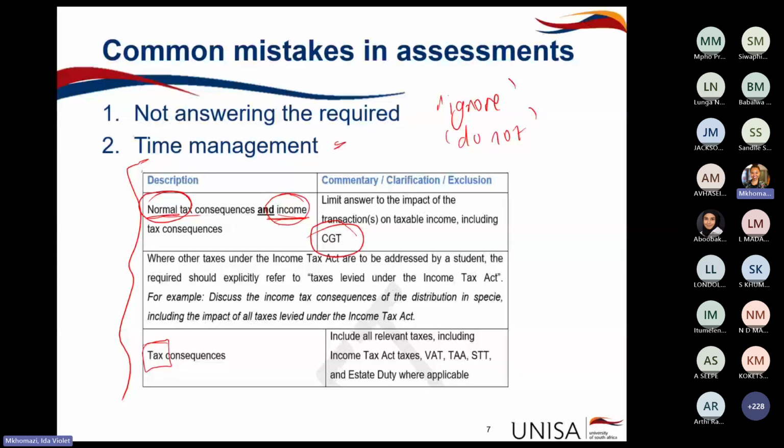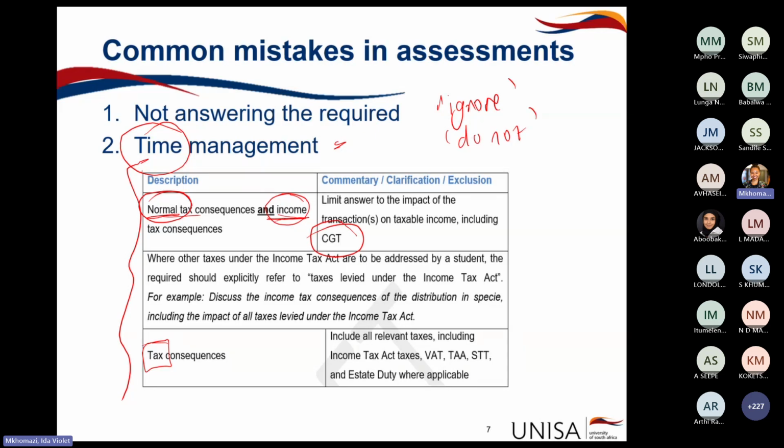Point 2 that I wanted to come back to is time management. Time management is always a concern. We often see students not finishing their paper, and that was the case in test 1 with some of the students. The issue with time comes in when you go over time on just one question.